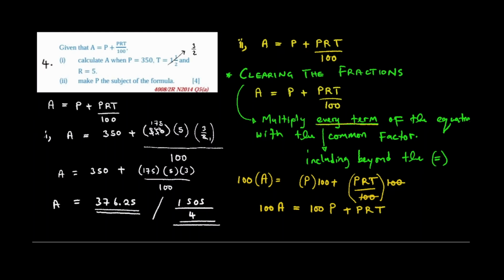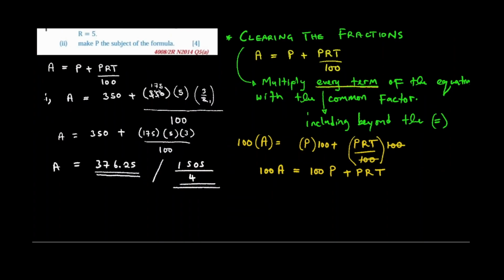I'm confident my students know how to do it, because since we have P in both terms we have to factor out. So 100A is equal to, factoring out P, P times (100 plus RT). Then of course divide both sides by 100 plus RT.